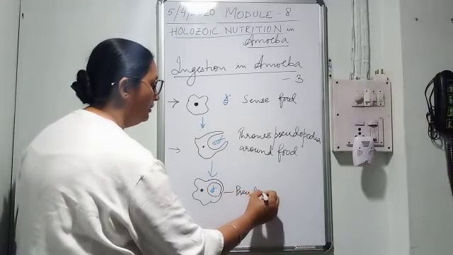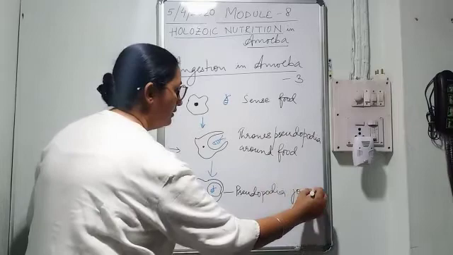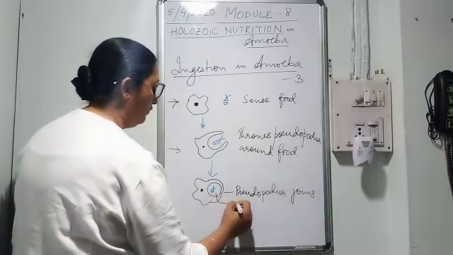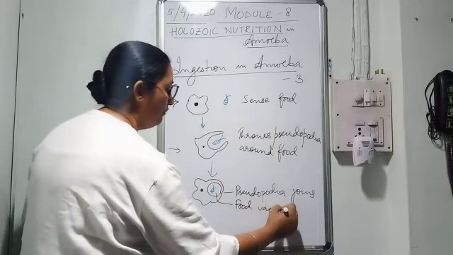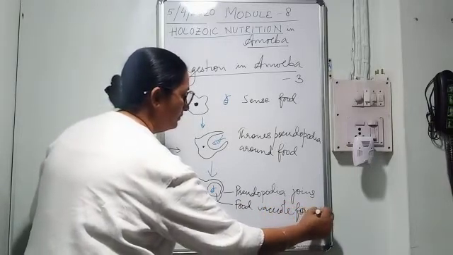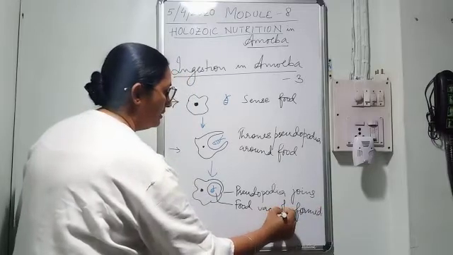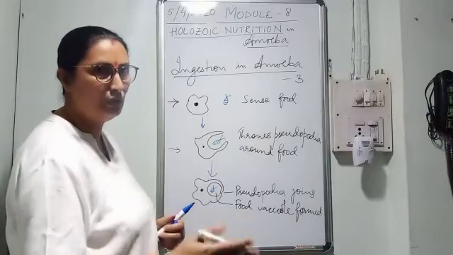Pseudopodia join, food vacuole created. So food vacuole formed. If you write created, you will not get additional marks. If you write formed, you will not lose any marks.